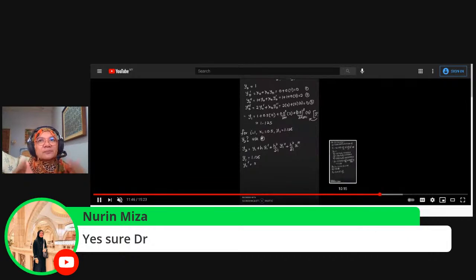Be careful. Insert the value x1 plus x1 y1. All the values are already got from the previous step, just insert. x1 is 0.5, y1 from the previous step is 1.125. So you will get the value of y1 prime.